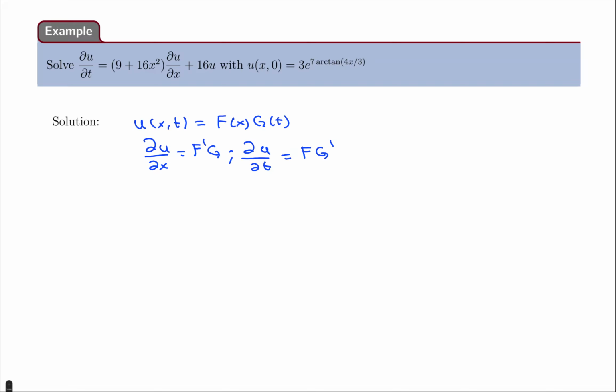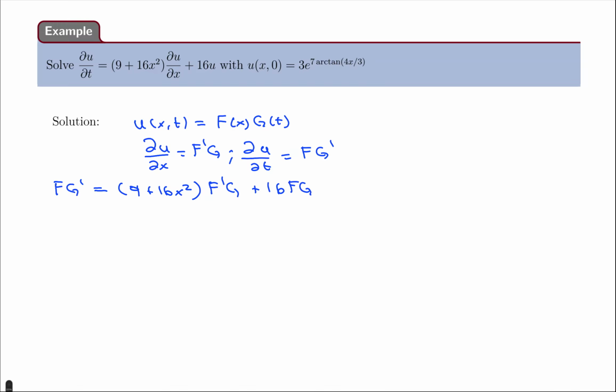All right, so substituting this into the PDE, we get the partial of u with respect to t, which is f g prime, equals 9 plus 16x squared times f prime g plus 16u, but u in this case is the product between f and g.